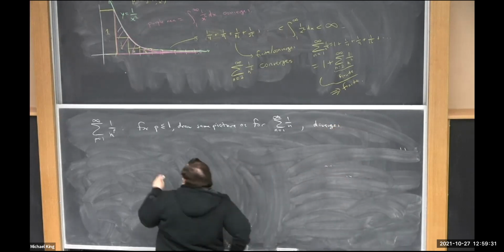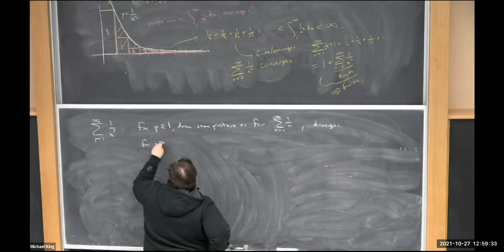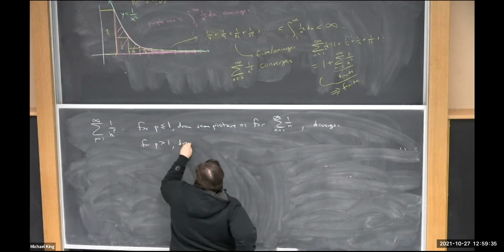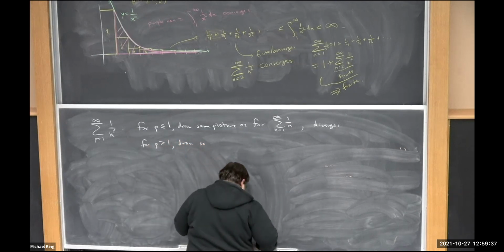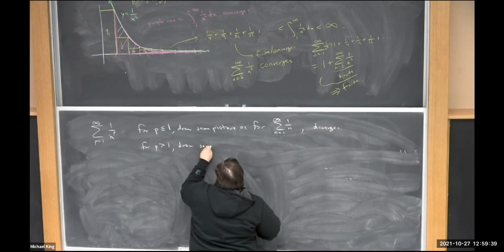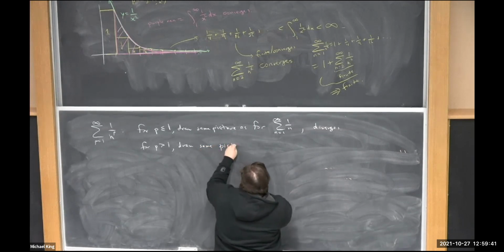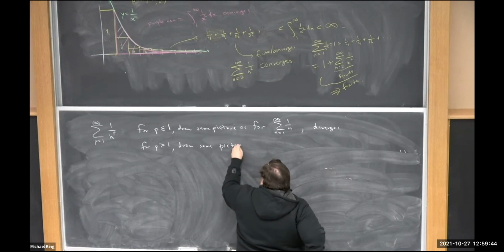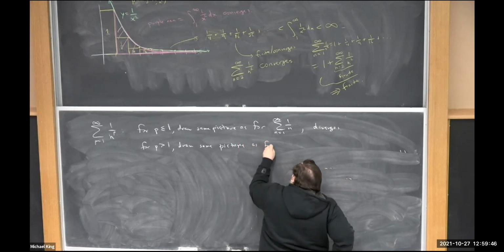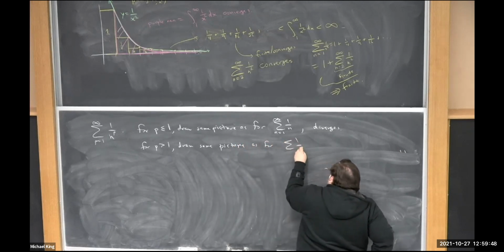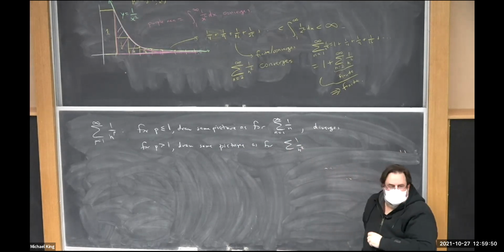For p greater than 1, you draw the same picture as for 1 over n squared. And that converges.